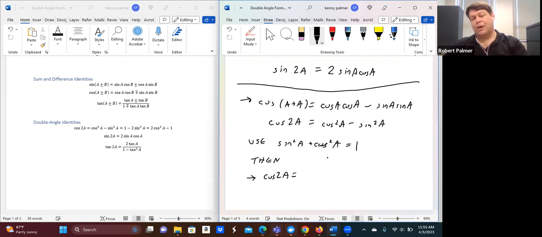The cosine of 2a is going to be 1 minus sine squared a, then minus sine squared a. All we did here is replace cosine squared of a, solving this for cosine squared of a as 1 minus sine squared a. Obviously this becomes 1 minus 2 sine squared a. That's the second one.